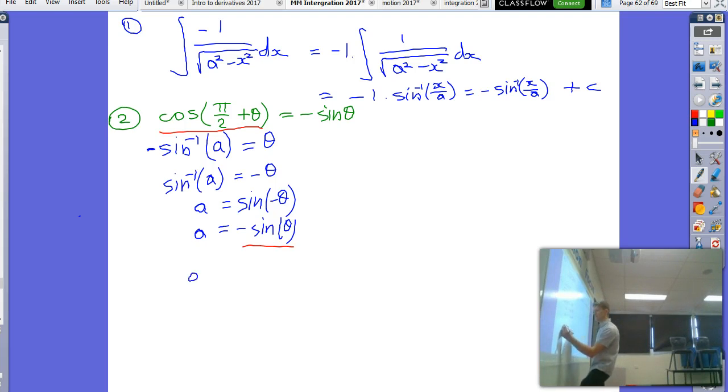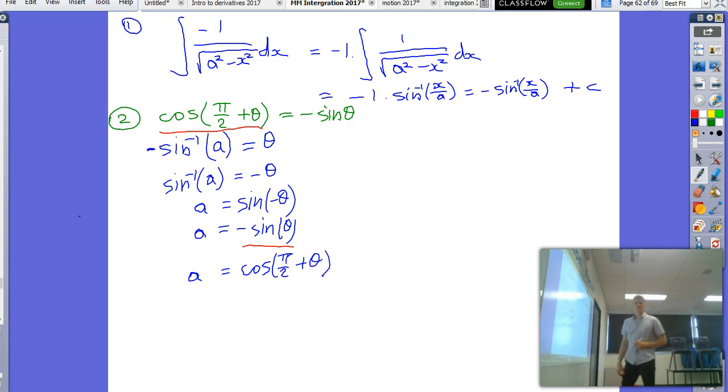So that means my value A has to be cos of pi on 2 plus theta. So we're almost there. I'm now going to take the inverse cos on both sides. So I've got now inverse cos of A is actually the same as pi on 2 plus theta.